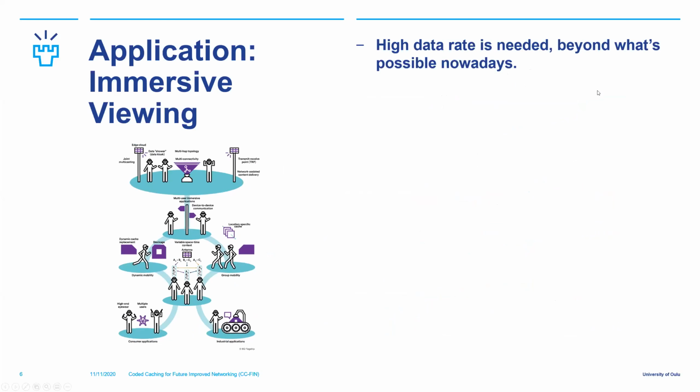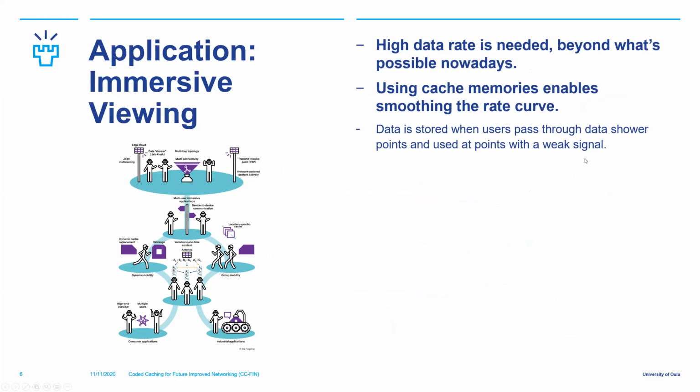In this scenario, because we need very high quality, very high resolution video, and there might be some users nearby each other, we need very high data rates beyond what's available nowadays.